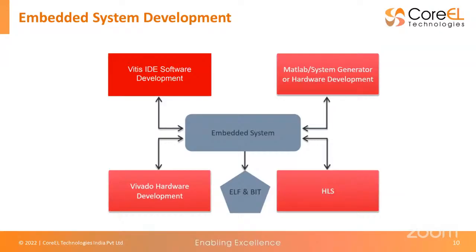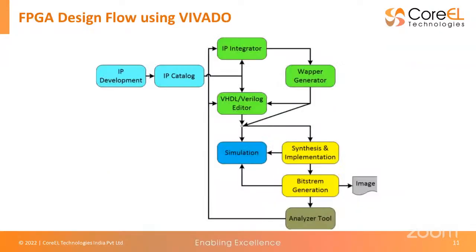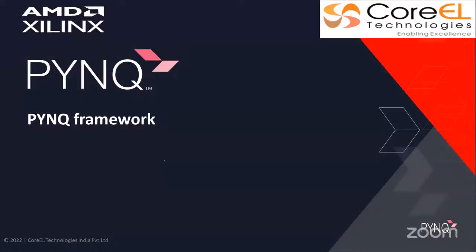Then we'll actually implement a design using an embedded system design flow, or rather an extension of your system design flow. What we're going to talk about for that is the PYNQ framework, the Python productivity for Zynq. So what do we mean by the PYNQ framework?